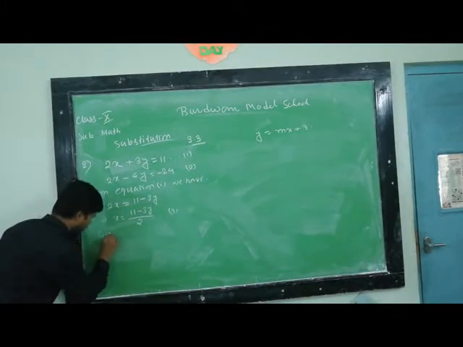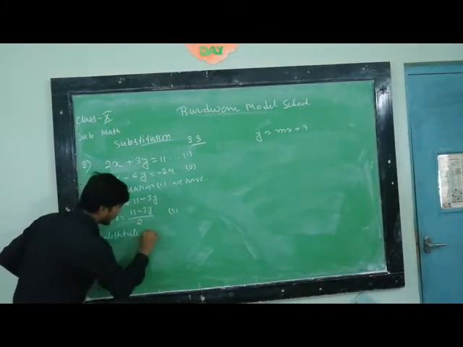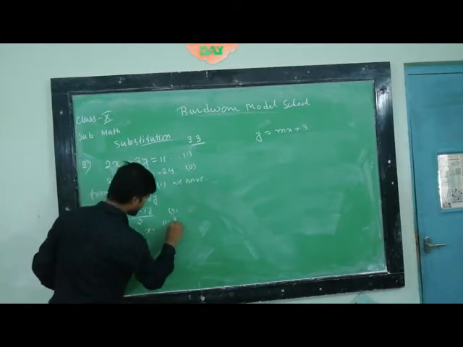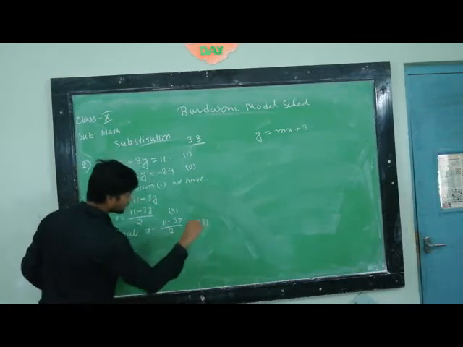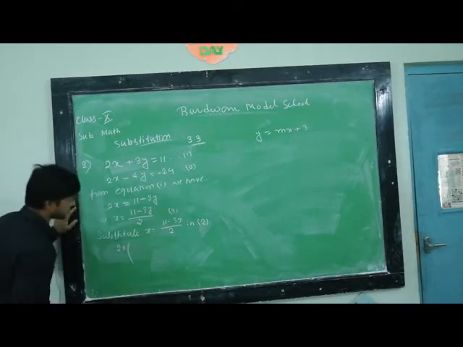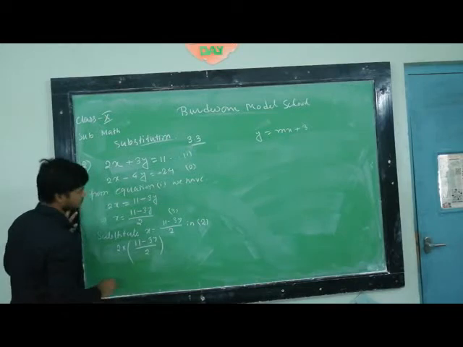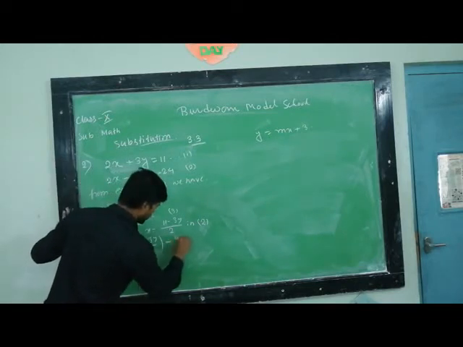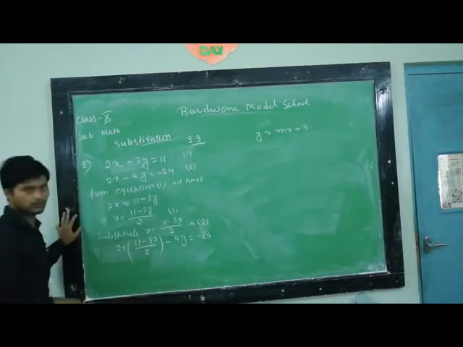So substitute x is equal to 11 minus 3y by 2 in equation number 2. We have 2 into the value of x. The value of x is 11 minus 3y by 2, minus 4y, which is equal to minus 24.